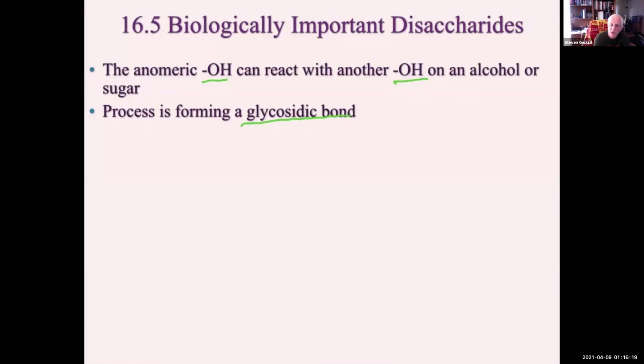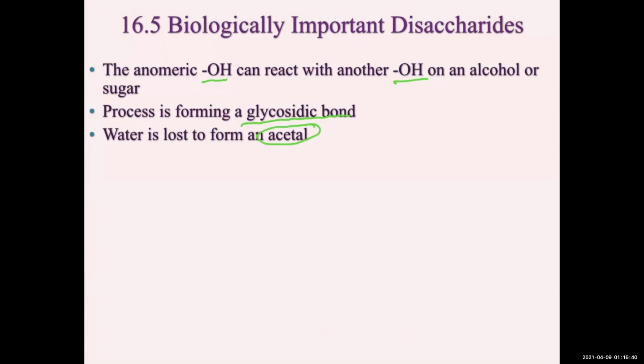When you get a bond between two monosaccharides, it's called a glycosidic bond. Water is lost to form an acetal group. Okay. It's a dehydration reaction. Remember, just like with alcohols, we dehydrated the bond, we took off one H and one OH, got water, then we have an oxygen bond between them.